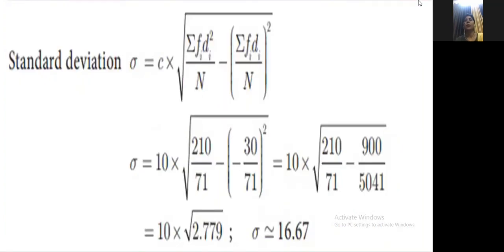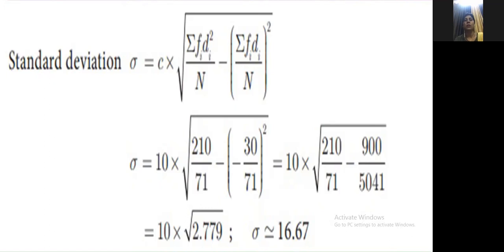Here sigma will be calculated by the formula we have already learned. We start putting in the values which we have found in the table, that is summation fi di square 210, summation fi di minus 30, and n as 71. On squaring the values, we get 900 divided by 5041, and the previous one is 210 divided by 71.